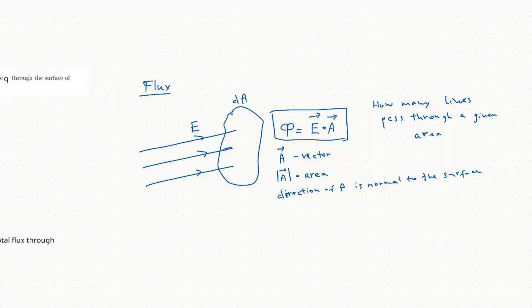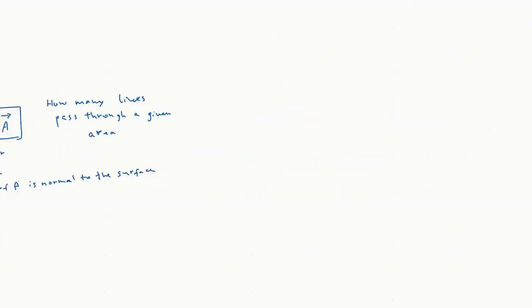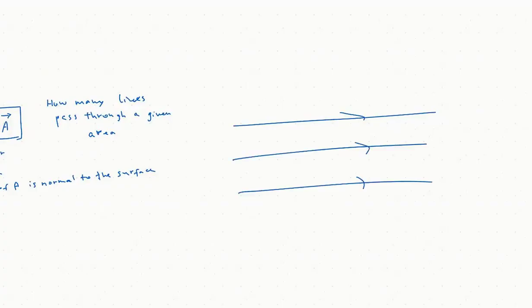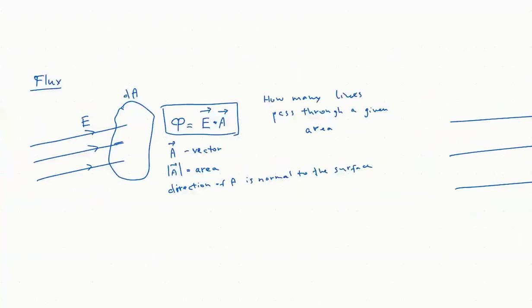Imagine you have the air moving, and you create a big loop. The flux would be how much air is passing through your loop in a second. And here it is how much of the electric field is passing through your loop.